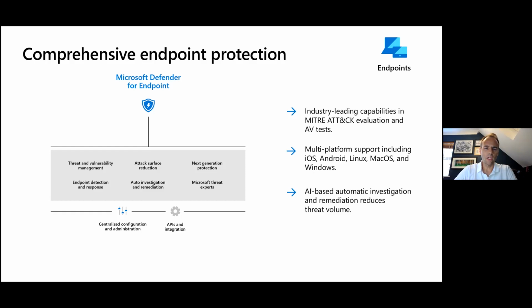But there's also, besides the protection element with things like Next-Gen AV, the ability to have a look at threat and vulnerability management. So, because these endpoints are all onboarded into the Defender for Endpoint service, it starts to understand which apps are installed on there.